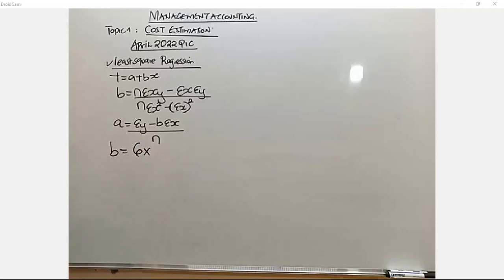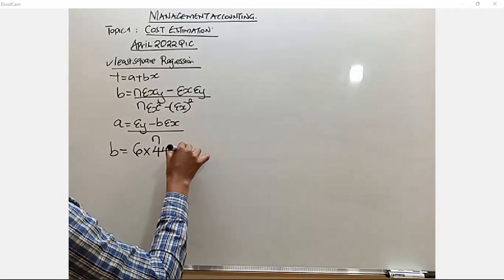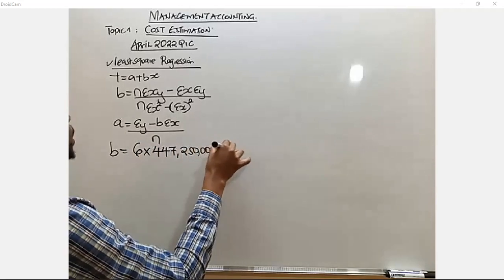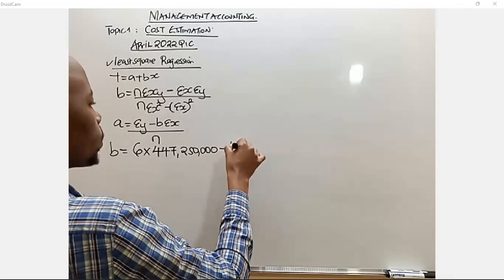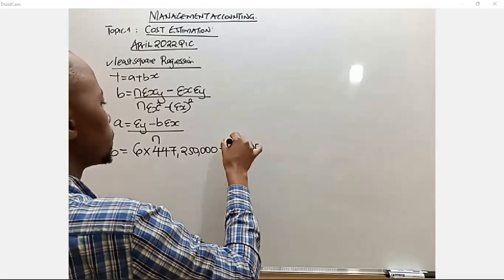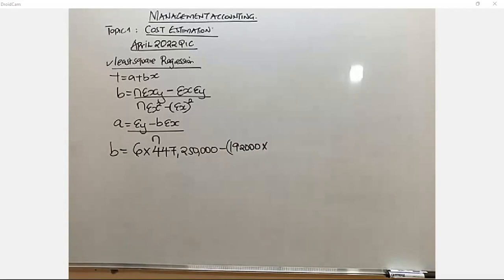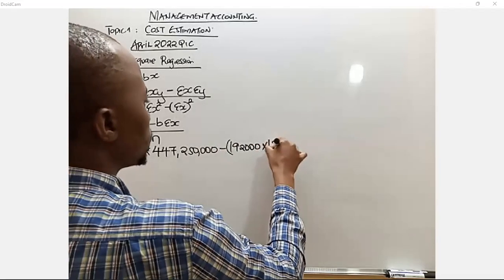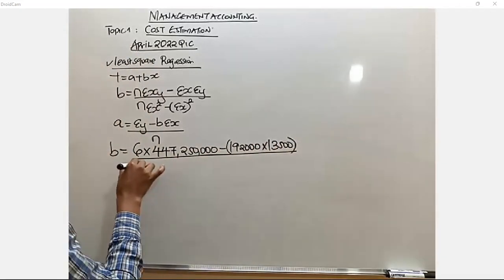We multiply it by the summation of expenditure and sales revenue, which is 447,250,000, minus the summation of x times the summation of y. We said our summation of x is 192,000. We multiply by the summation of y, which should be 13.5. You divide it by 6.